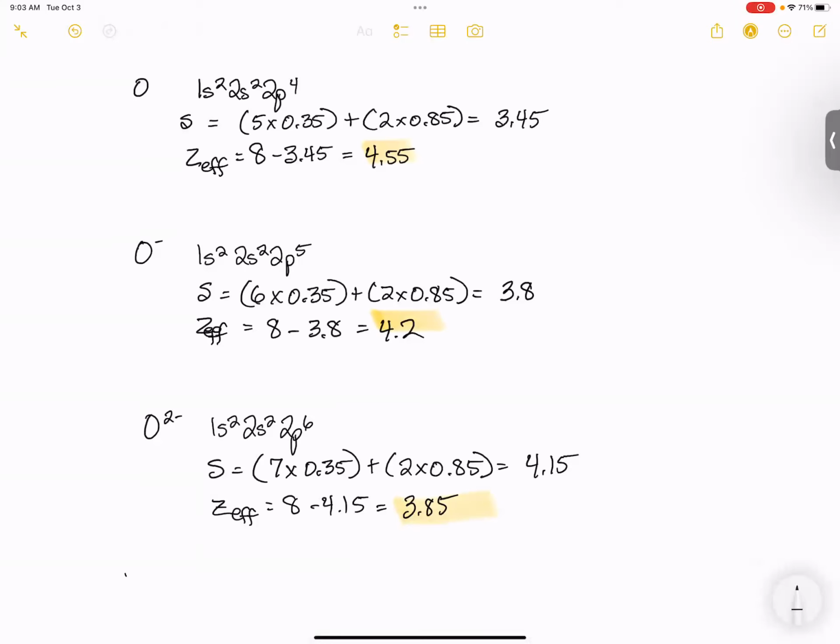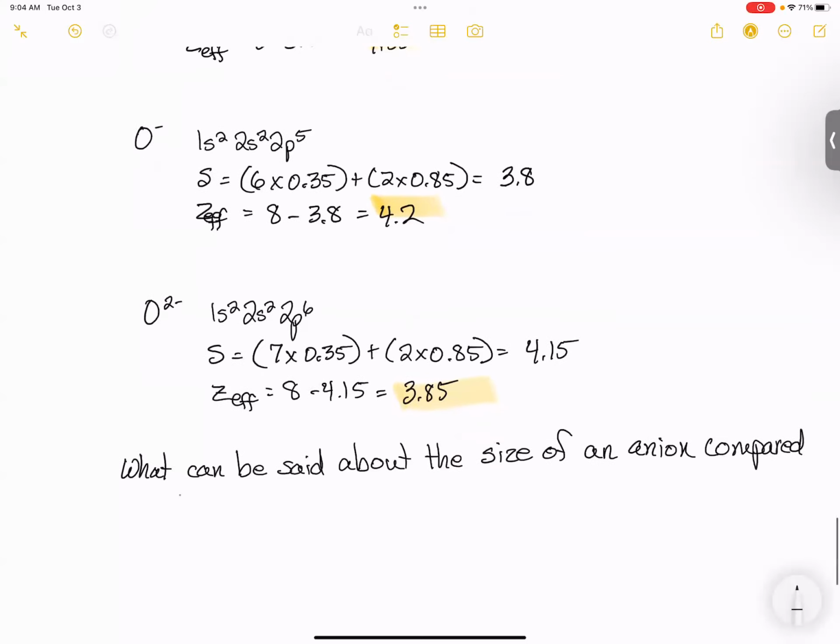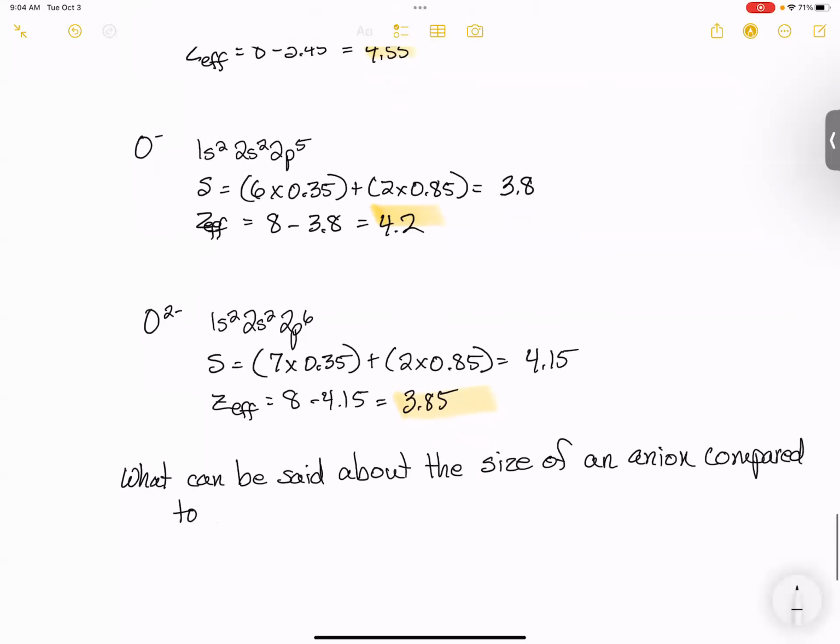So what can be said about the size of an anion compared to a neutral atom?